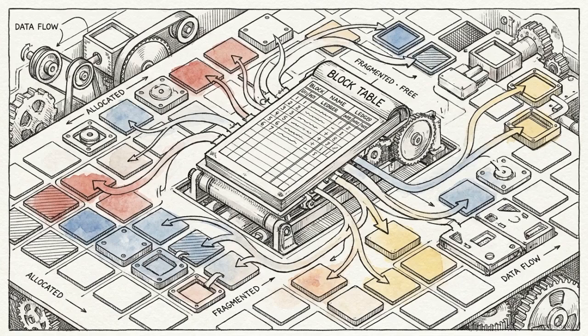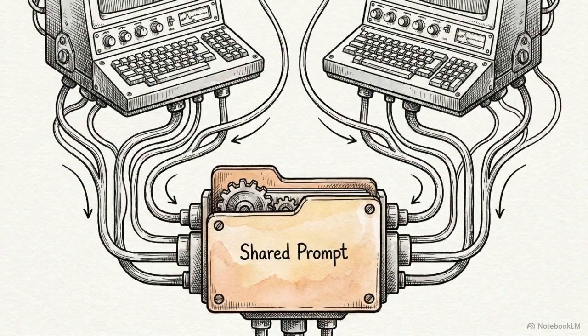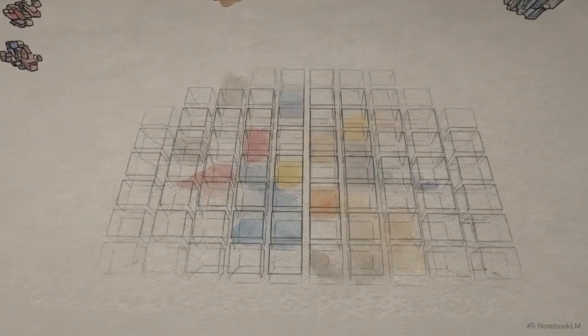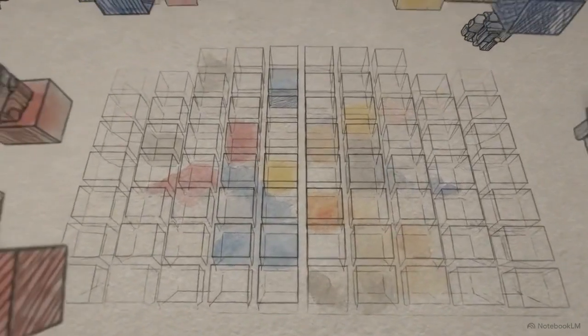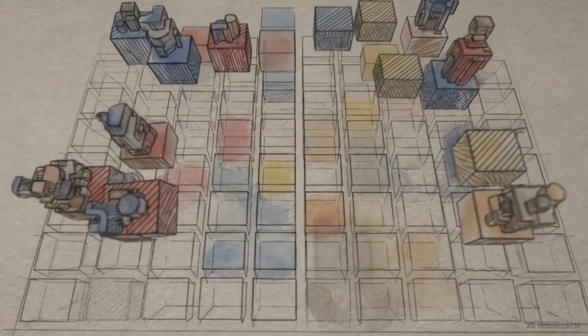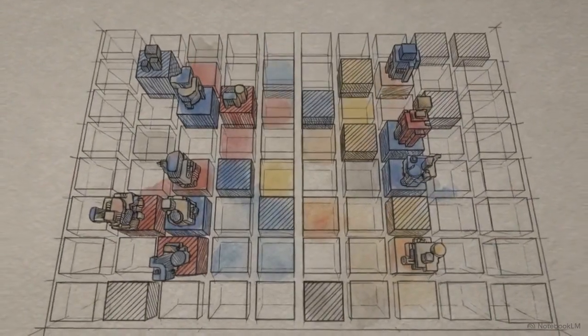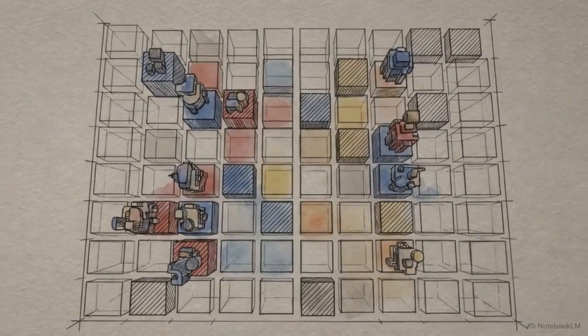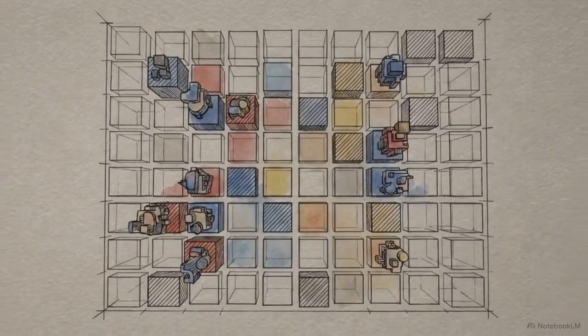The system uses a logical-to-physical block table to allocate these chunks on the fly, storing data non-contiguously. This approach enables prefix caching. Multiple user requests can point to the same cached blocks for a shared system prompt, avoiding redundant computation and storage. By treating GPU memory like an operating system treats RAM, engineers eliminated internal fragmentation. This allows systems to utilize nearly 100% of available VRAM.